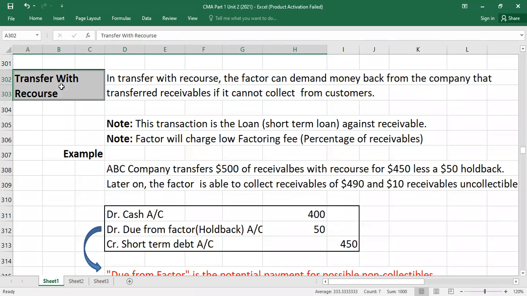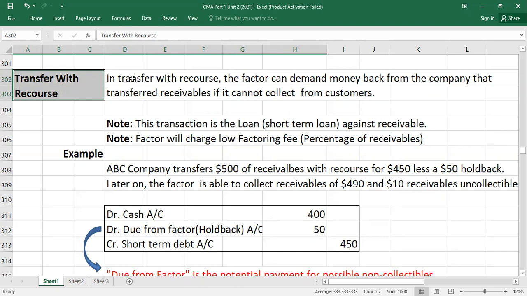Whatever money we take in advance from the factor is a loan for us. And here we are not going to transfer the risk of bad debts to the factor. In case the customer defaults, the company will pay from its own pocket. So this is what transfer with recourse is.